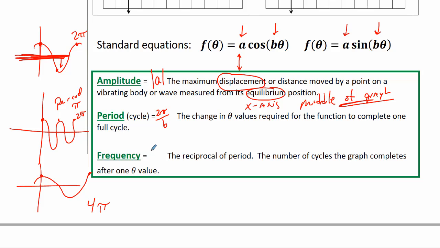Frequency is just the reverse, the reciprocal of the period, so it's really b over 2 pi. That's more for real life, but this is what we call the rate of change.